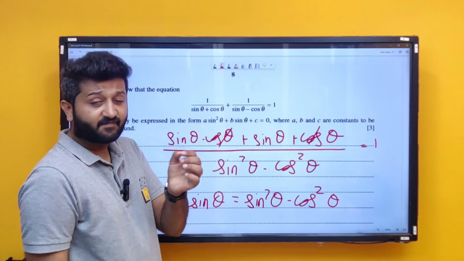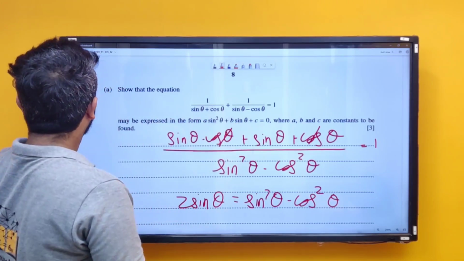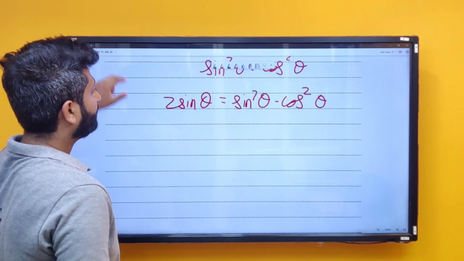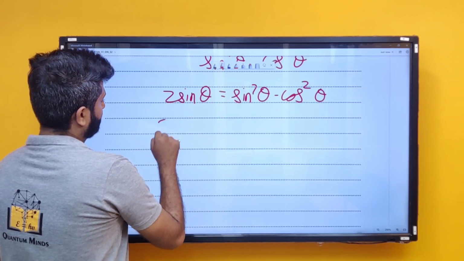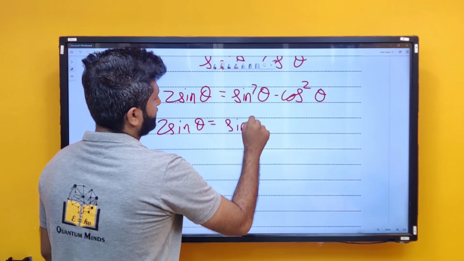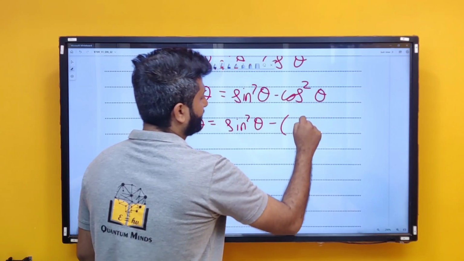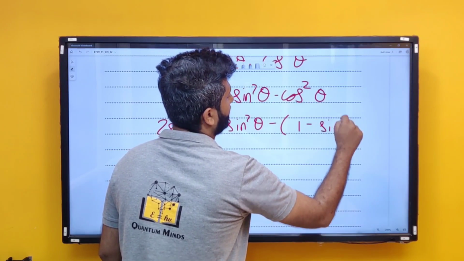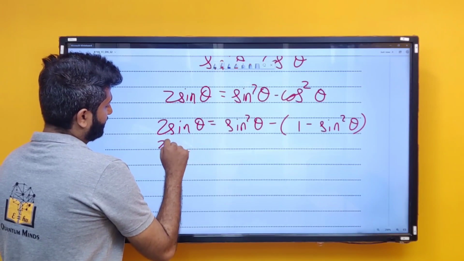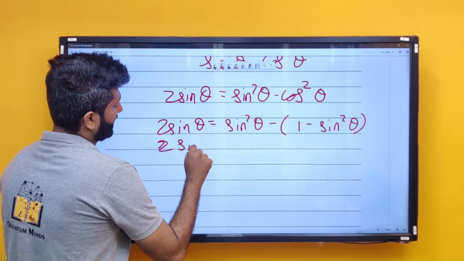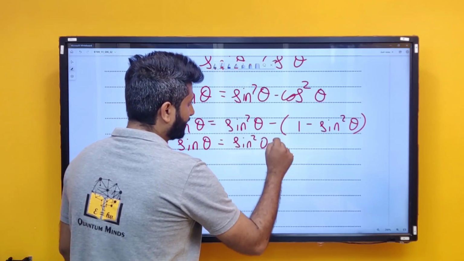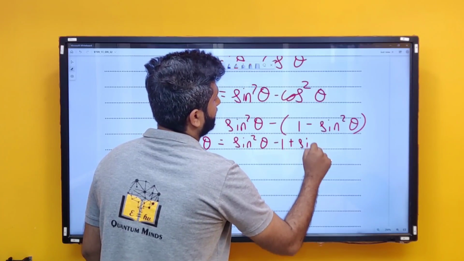But we have to express everything in the form of sine. So what I'll do is, I'll write this as 2 sine theta equals to sine square theta minus cos square theta, which is 1 minus sine square theta, right? So we have 2 sine theta equals to sine square theta minus 1 plus sine square theta.